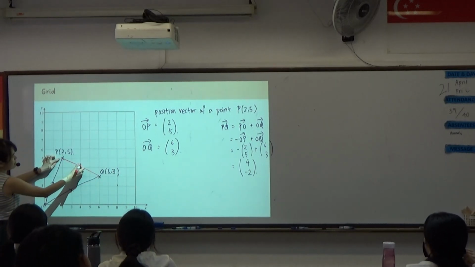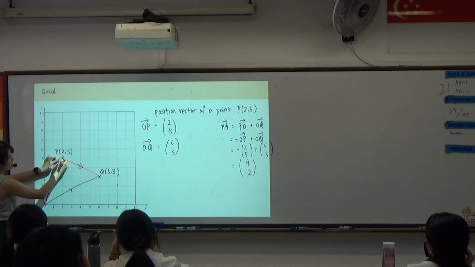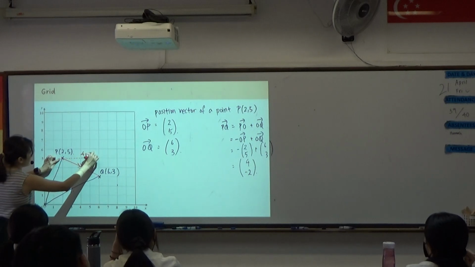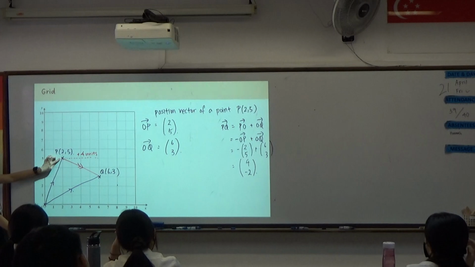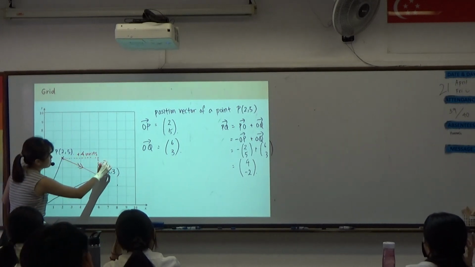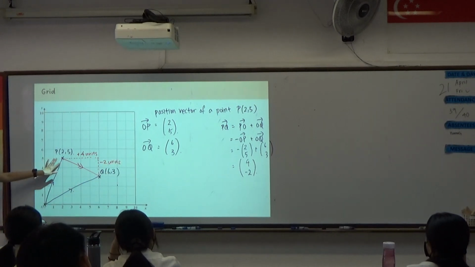So PQ is in this direction, right? And I know that 4 would mean that it is moving rightwards in the x direction, 4 units, positive. And then after that we move downwards by 2 units. So it is accurate to this diagram over here, whereby PQ is (4, -2).